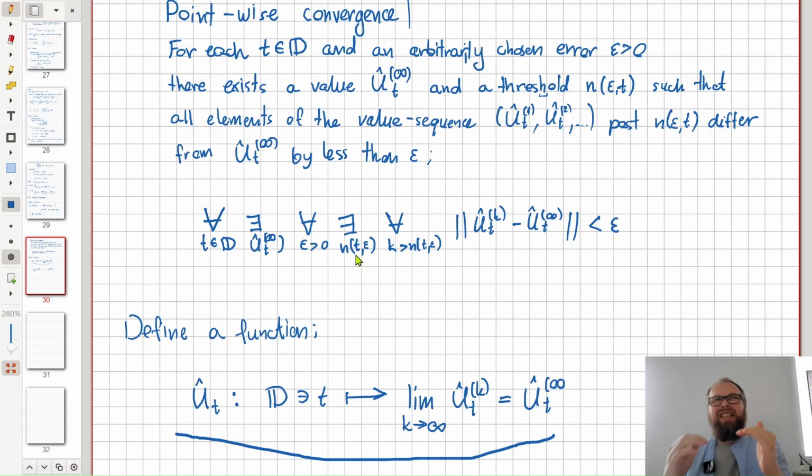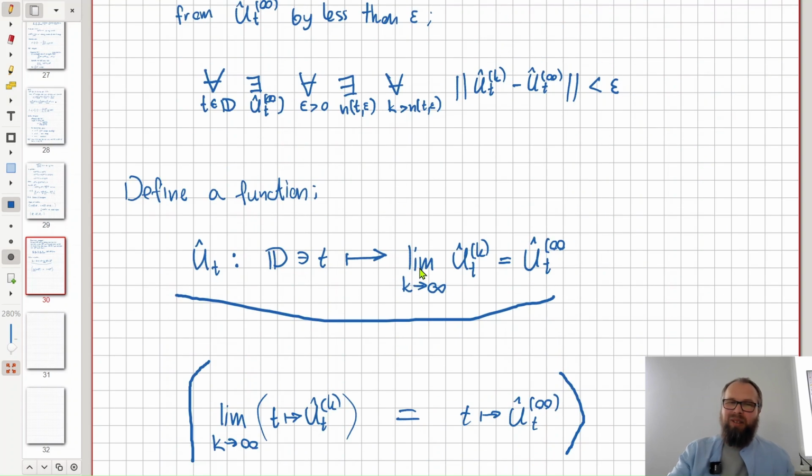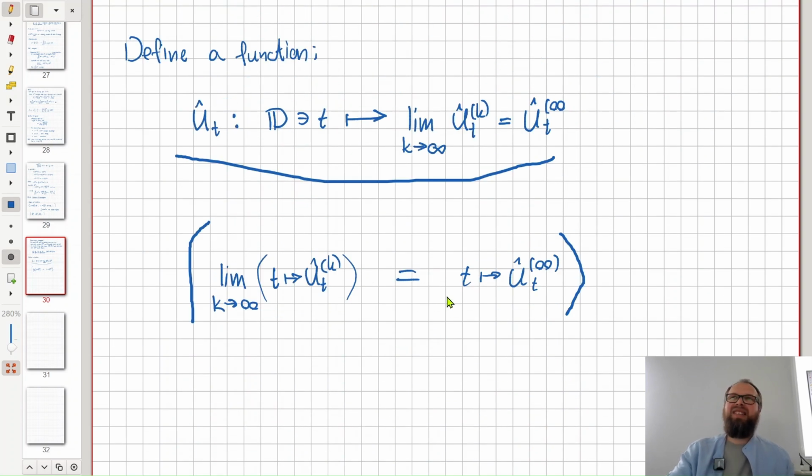And this dependence of the threshold on t is what makes it into separate problems, this rather than this. This is the issue, right? Without some extra constraint, we will never get here because of this dependence on t.